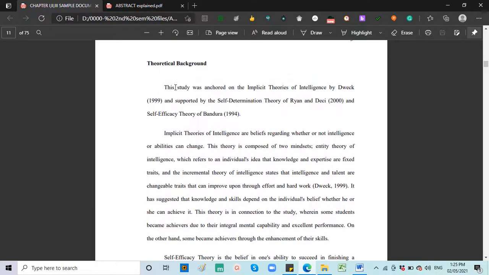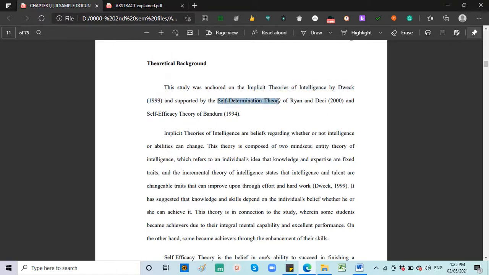So go straight to it: the study was anchored on your theories. Okay, implicit theories by Dweck, supported by self-determination and self-efficacy of Bandura. So state the theory name, the theorist, Dweck, and then the year, 1999.